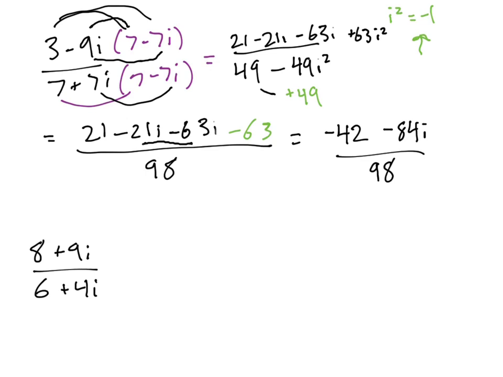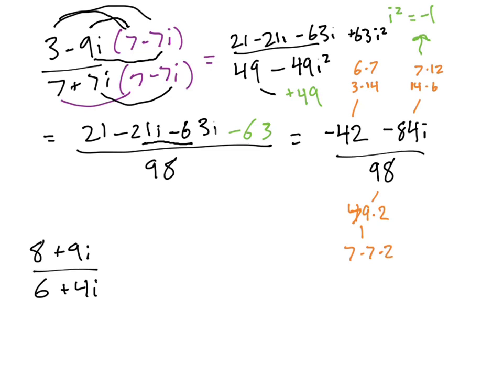And we can simplify our final answer here if we divide by a common factor that we notice in the numerator and denominator. 42, you probably recognize that as 6 times 7, but another way we could factor this is 3 times 14. And 84 is 7 times 12, but another way we could write that is 14 times 6. And 98 is 49 times 2, but 49 is 7 times 7.